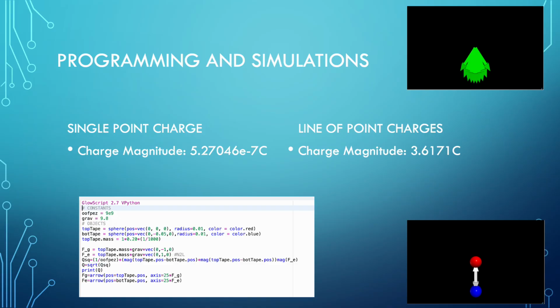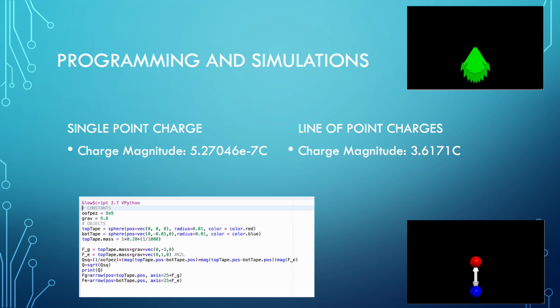Then we can take the radius and square it, and multiply all of that by the magnitude of the force, and that gives us Q squared. When we take the square root, we get our charge Q out.